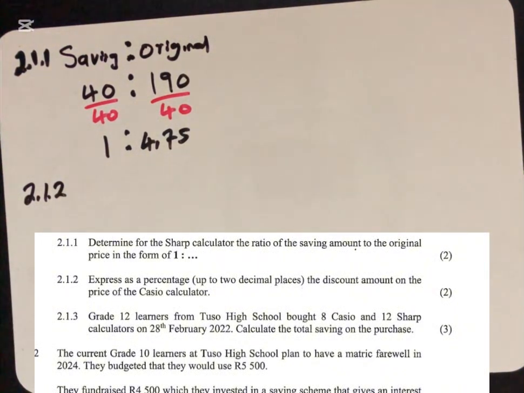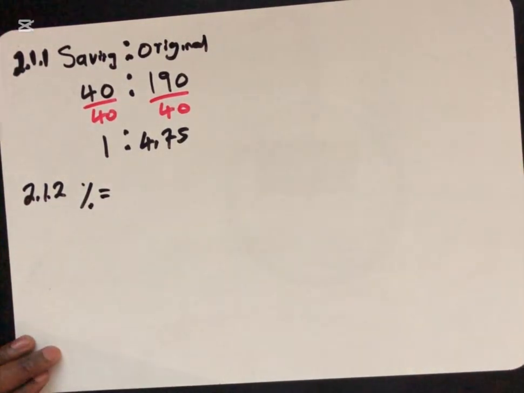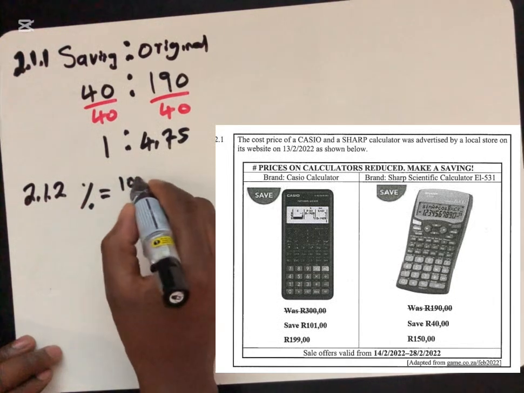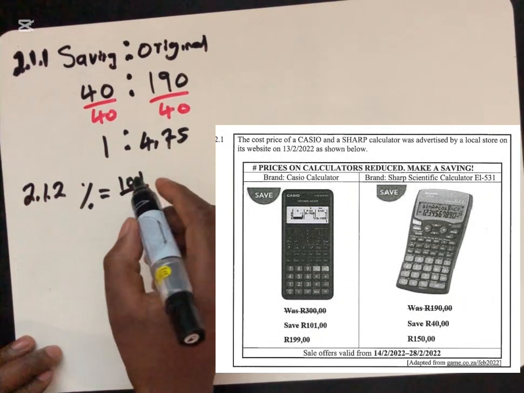Then let's move to question 2.1.2. It says, express as a percentage up to 2 decimal places the discount amount on the price of the Casio calculator. So now they want you to calculate the saving percentage of a Casio. We know that the saving is 101 and the old price was 300.